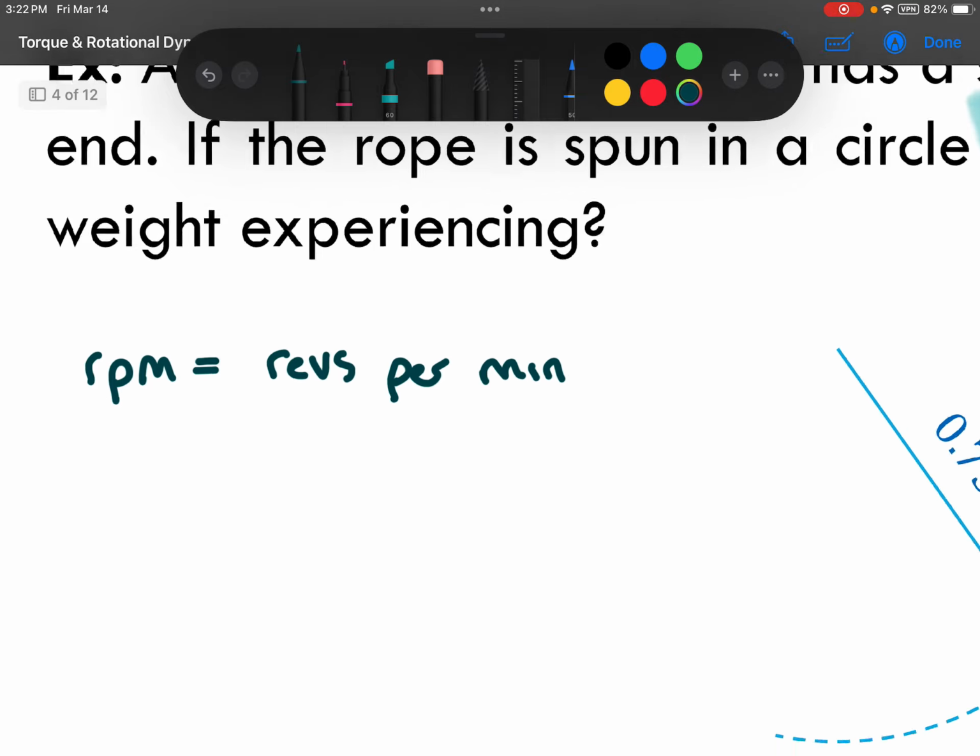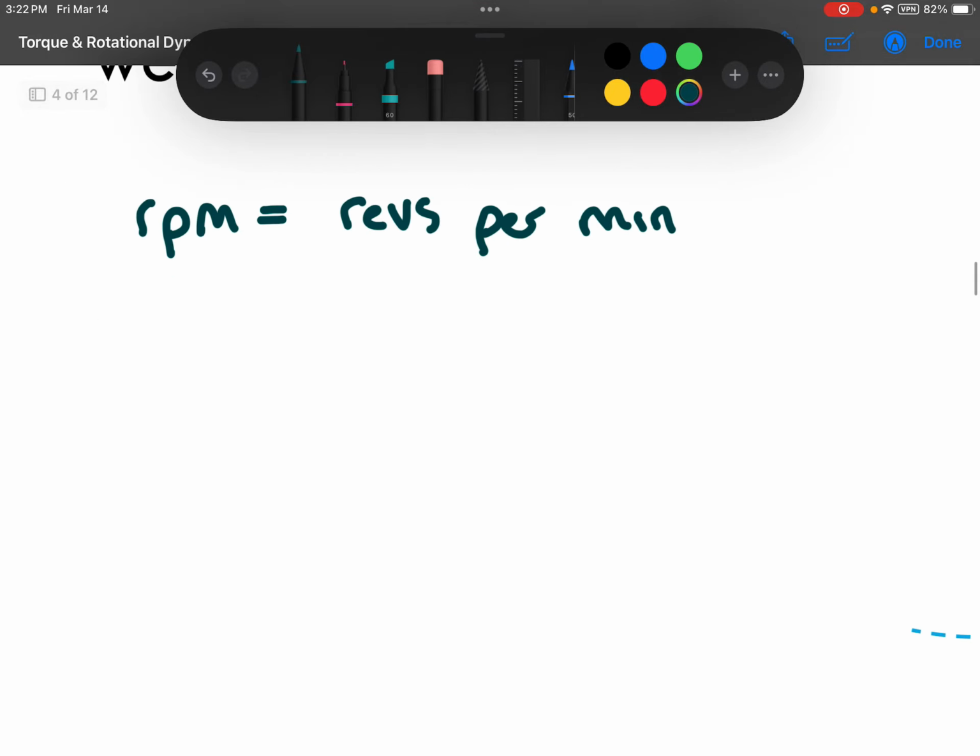So we want to convert this number, 120 revs per minute, to radians per second. And when I'm doing these unit conversions, I like to split up my units very clearly into a numerator and denominator, because it makes canceling things out a lot more straightforward to look at.